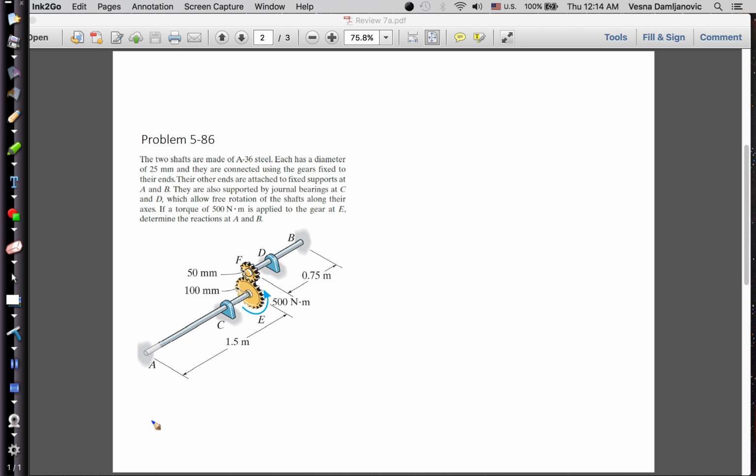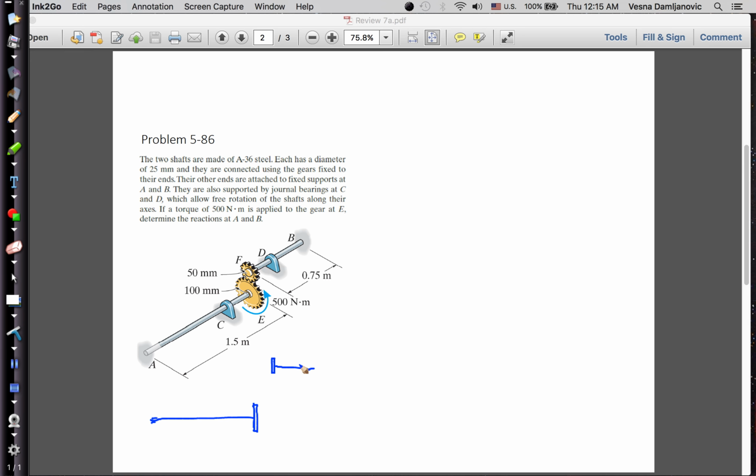So the left one looks like this, and it has a big gear here, and it's removed from supports there, okay? And the other one, I'm going to separate it a little sideways. It's shorter, also separated from the wall, has a smaller gear, okay?